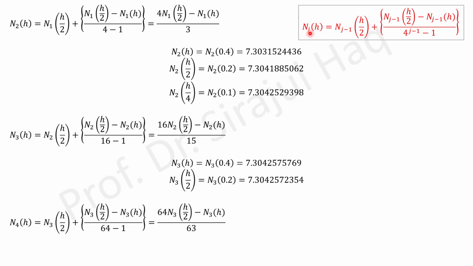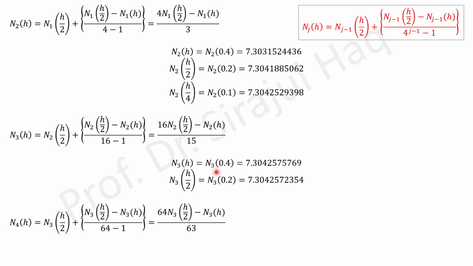When j is equal to 4, this is 4 raised to the power 3, which is 64, minus 1 is 63, which you can see over here. If you take the LCM, this will become 64. Now the values of N3 of h divided by 2 and N3 of h are there.